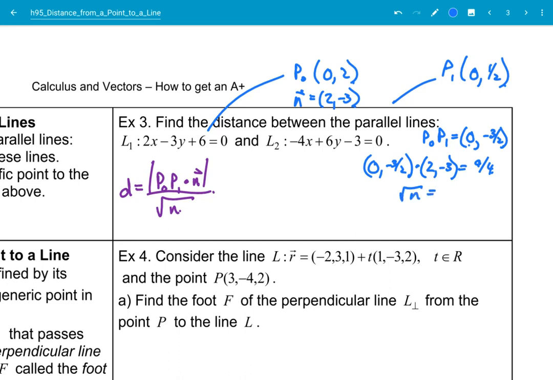Magnitude of n is the root of 4 plus 9, root of 13. So we have 9/4 over the root of 13, which is the same as 9 over 52 times the root of 13 times the root of 13, and that does not reduce.